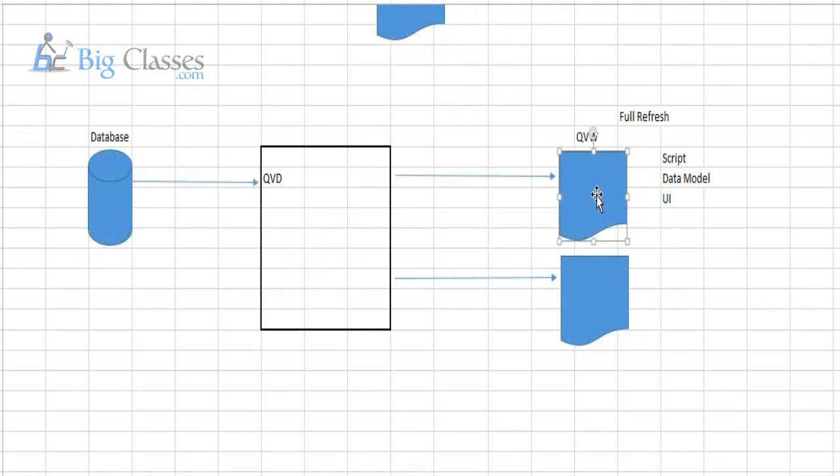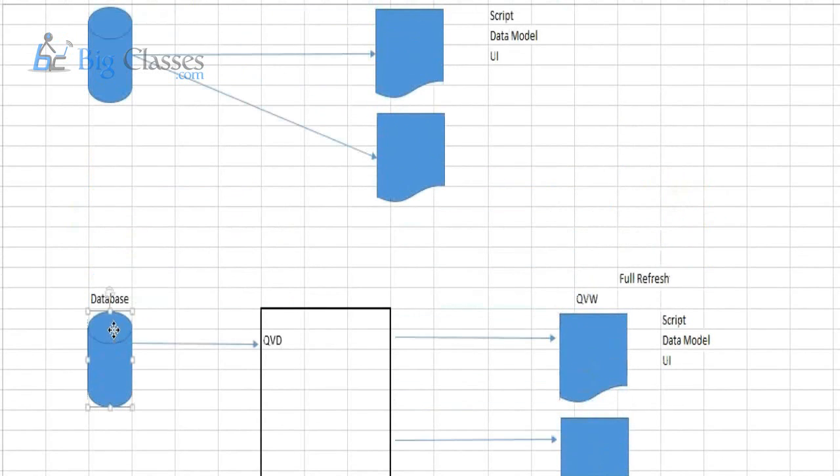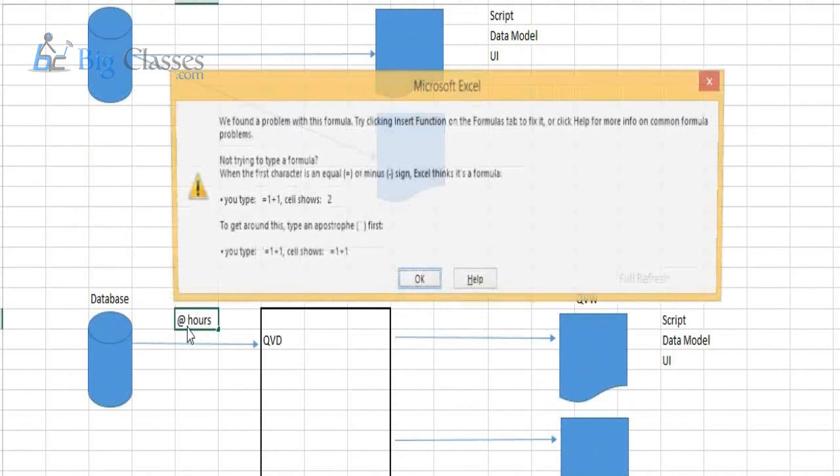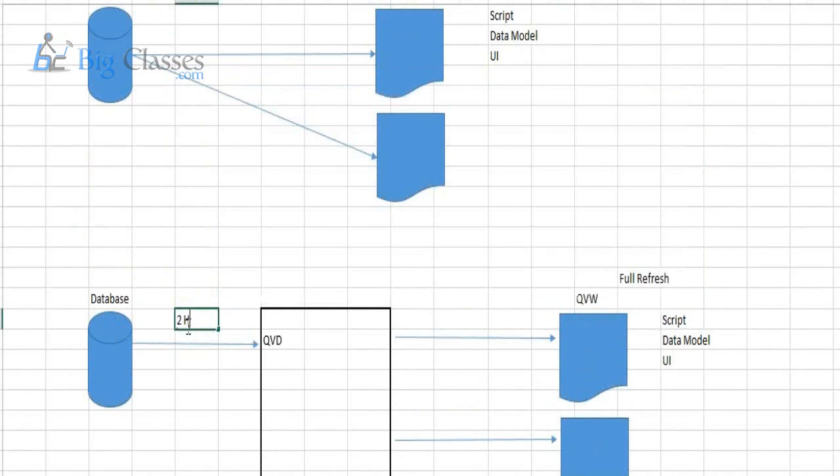So imagine if we are taking 2 hours to extract the data from the database to a QVD, the same set of data from a QVD to a QVW will not take more than 2 minutes. So that's the optimization that we are talking about.